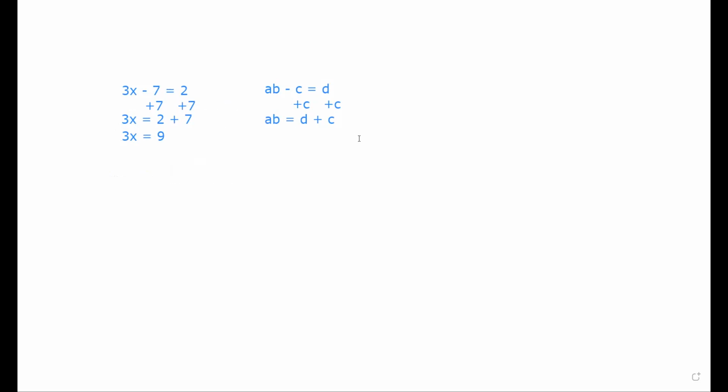Now the last step for both of these is going to be the same also. I got to do some division because I got to get the X by itself on the one on the left, and the B by itself on the one on the right. Now, since I don't know what D plus C is, that's a quantity. I don't really care what it is either, but I can't separate them.